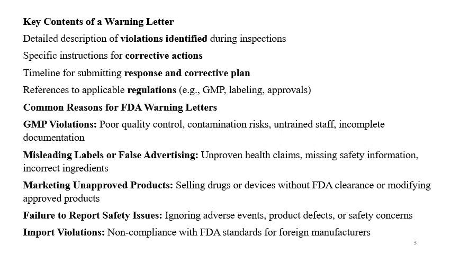The clinical trials are done, and based on that some claims are given. If these are unproven claims, then there is a formal communication from the FDA in the form of warning letters. Missing safety information, incorrect ingredients. So this is related to the labeling.